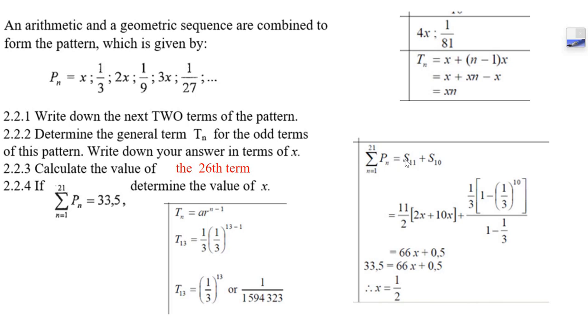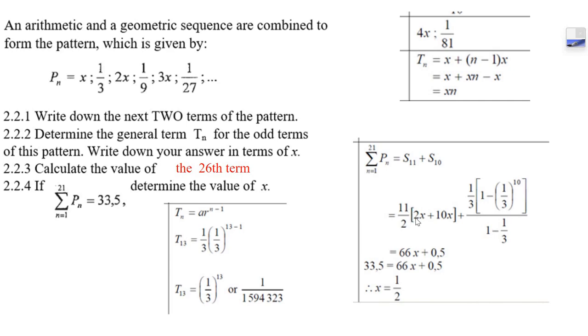The sum of the 11 odd terms plus the 10 even ones should equal 33.5. Well, the sum of the 10, you just put 1/3, 1 minus a third to the 10th power over 1 minus a third, or you can put the formula the other way around, and it rounds off, you get 0.5 to the nearest 10th. Okay, now let's just do the other thing.